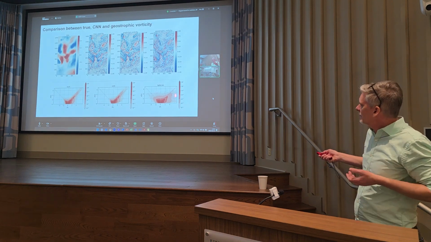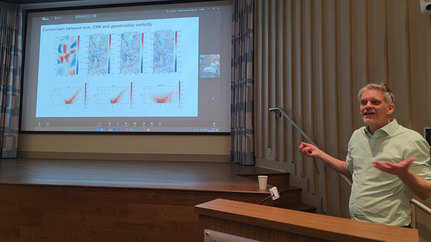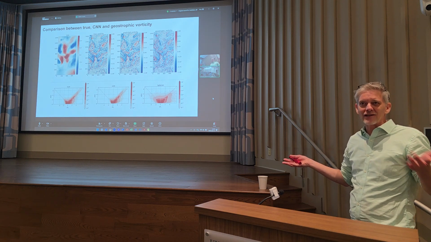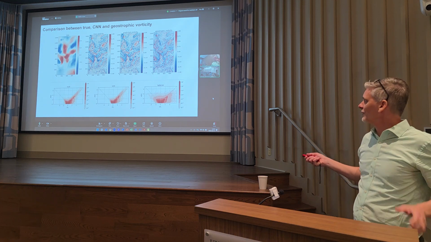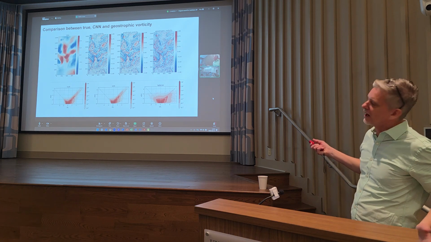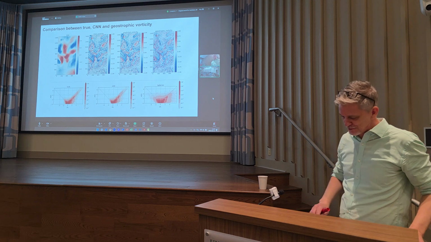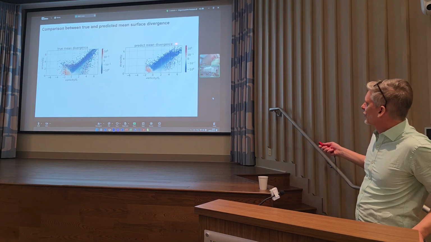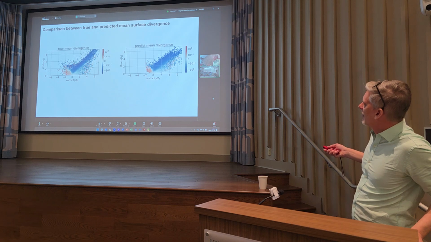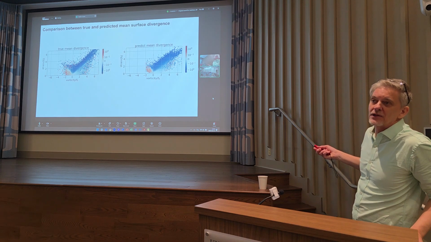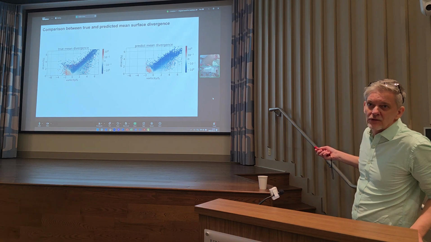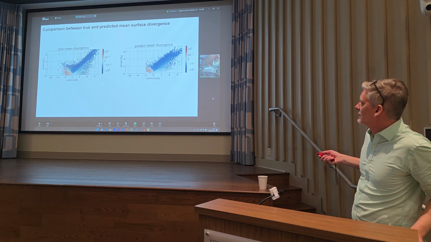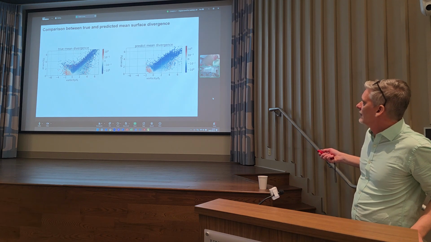It looks pretty good compared to the Laplacian. To get vorticity from geostrophy, you just take the Laplacian of the height field. So that looks better, right? You can make some improvement there. It looks a little worse for divergence, but from the geostrophic part I would get no divergence at all, so the CNN is at least giving me some direct estimate of the divergence.